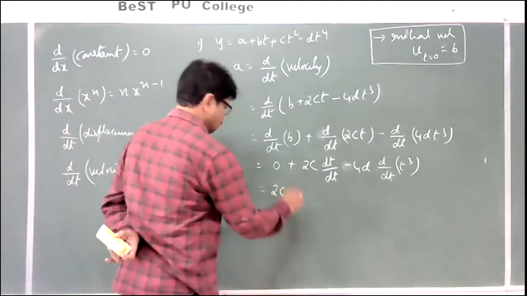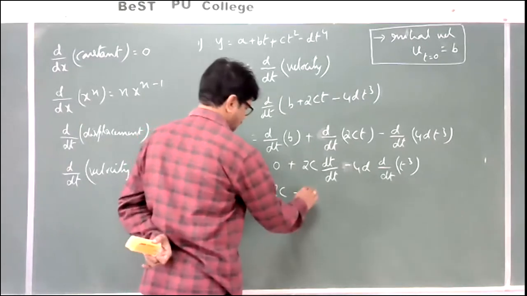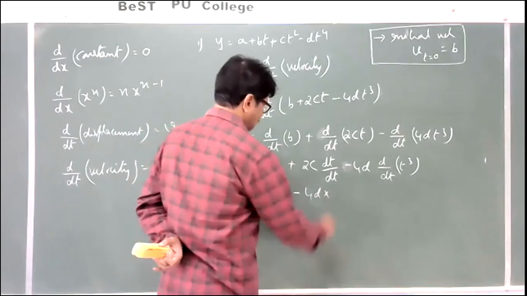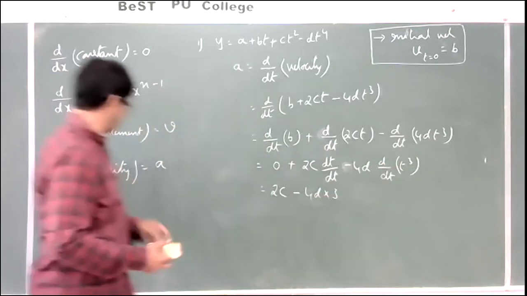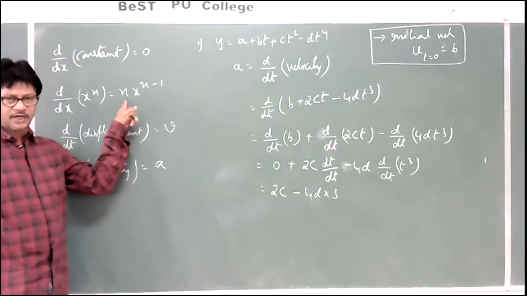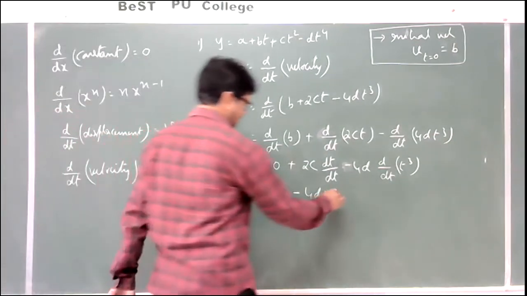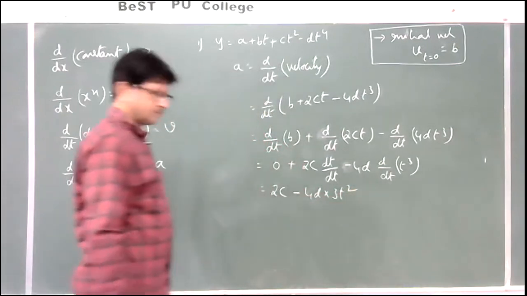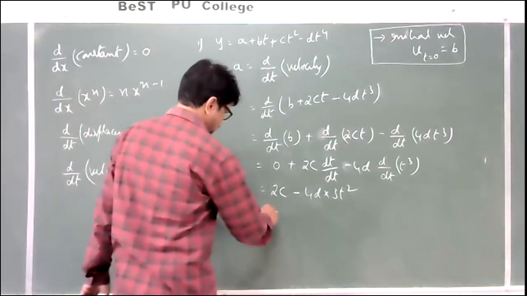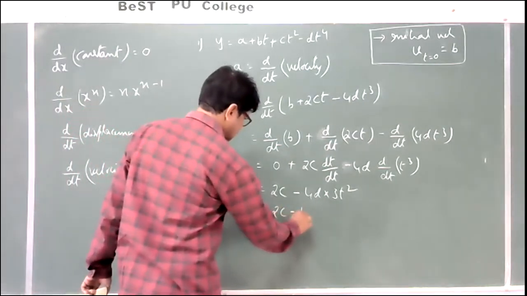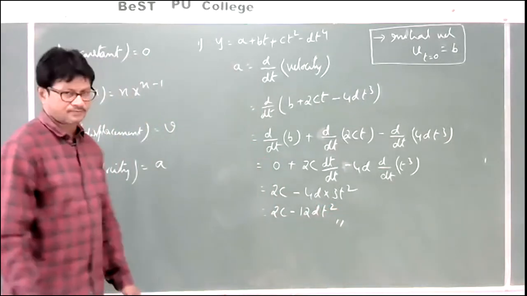So which is equal to 2c minus 4d times the derivative of t cube. Using the formula n x to the power n minus 1, n is 3, so 3t to the power of 3 minus 1, which is 3t square. So 2c minus 12dt square is the acceleration.